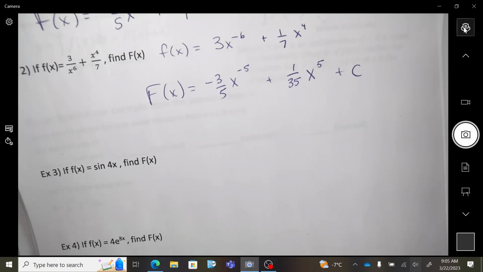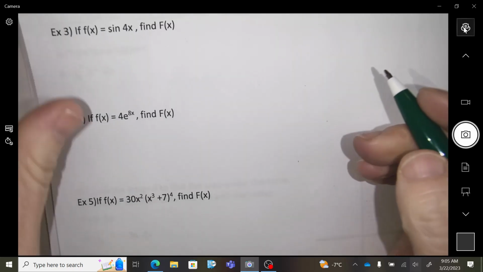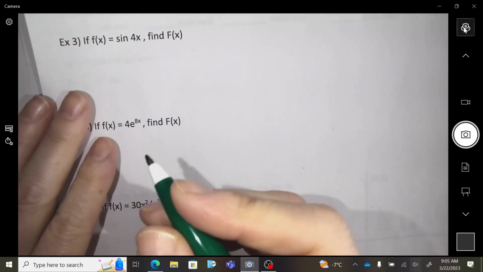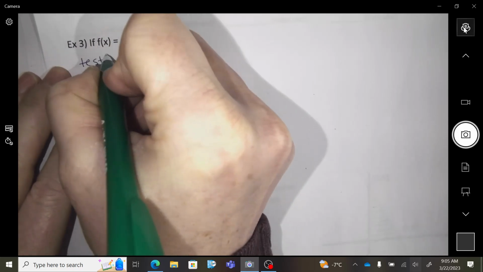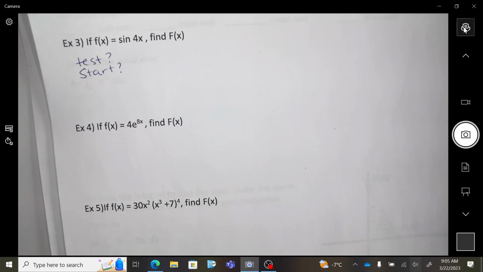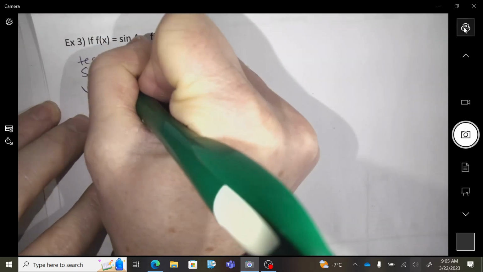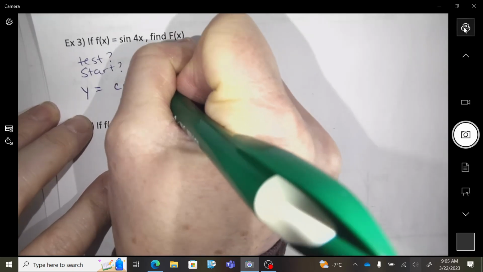Okay, let's do a trig one. Okay, so when we get to these type, we're going to test what did we start with? This is kind of what we're thinking. So what do you think I started with if I ended up with a sine? I would have started with a cos. So let's just test the equation y equals cos 4x.